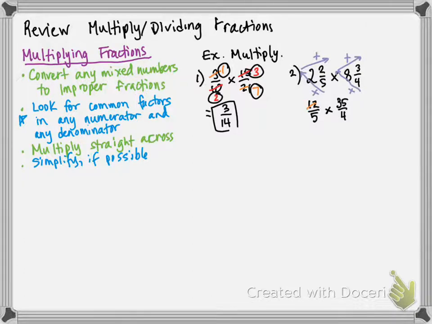So 12 divided by 4 is 3. 4 divided by 4 is 1. And we've got top right and bottom left, they both have a 5 in common. So 5 divided by 5 is 1, and 35 divided by 5 is 7. So when I multiply straight across, I have 3 times 7 is 21, over 1 times 1 is 1, and that gives me the answer of 21.